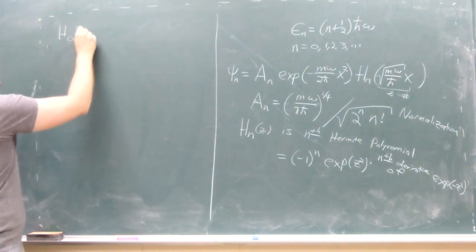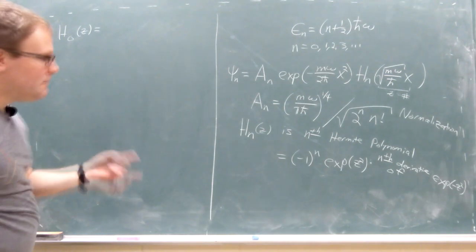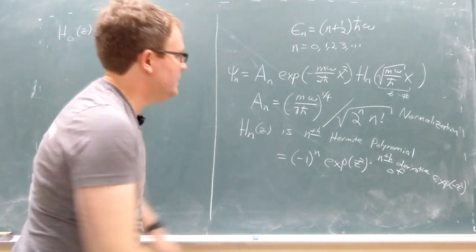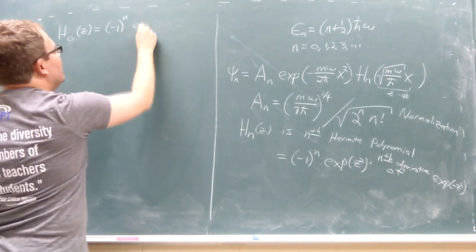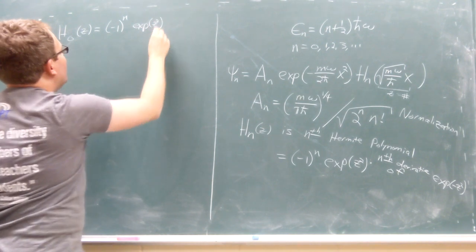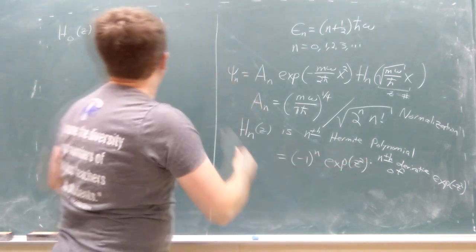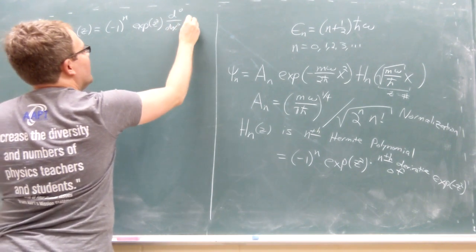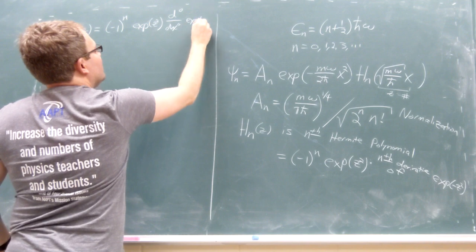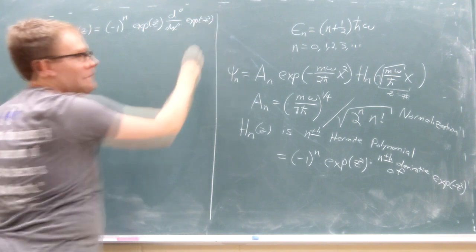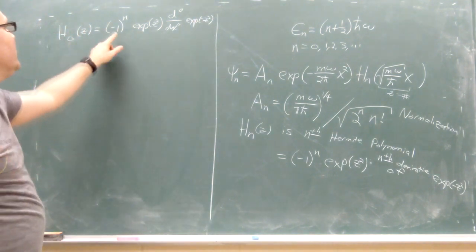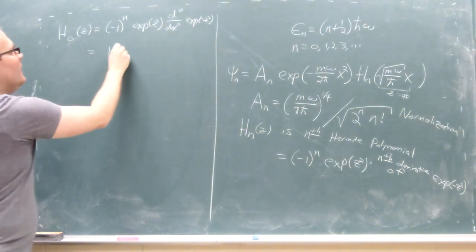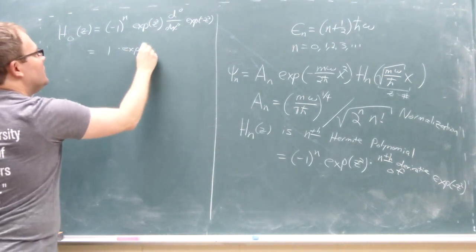Let's try H0 of z. So this is going to be (-1) to the n. I start out with this, exponential of z squared, times the 0th derivative, d0/dx0 of exponential of -z squared. It's easy to work with 0. So this is just going to be a 1 times exponential of z squared.